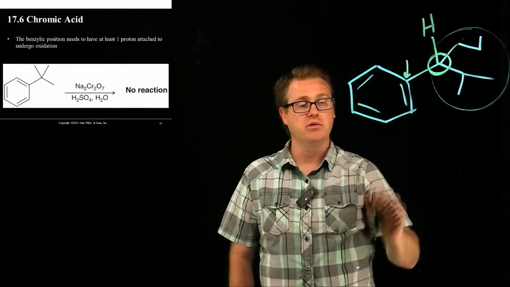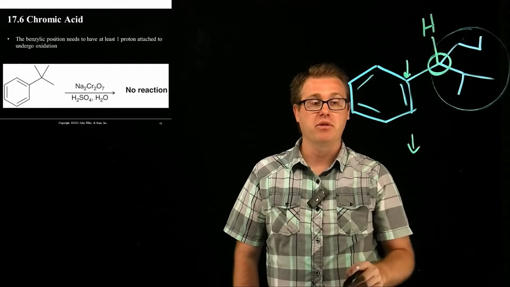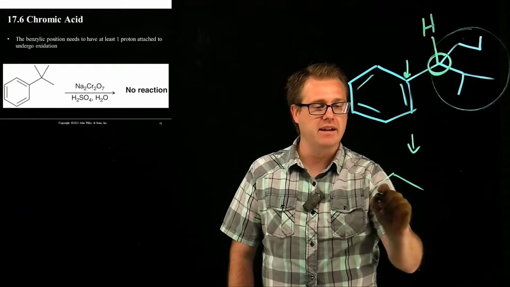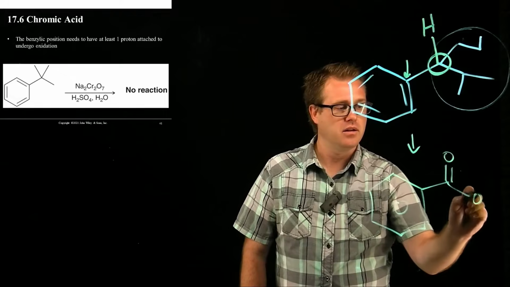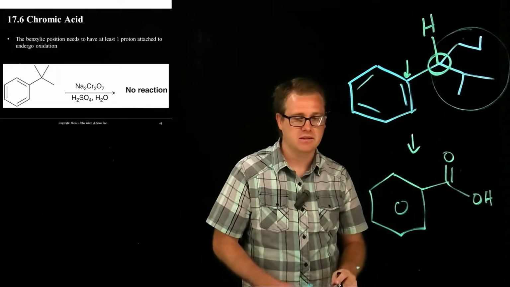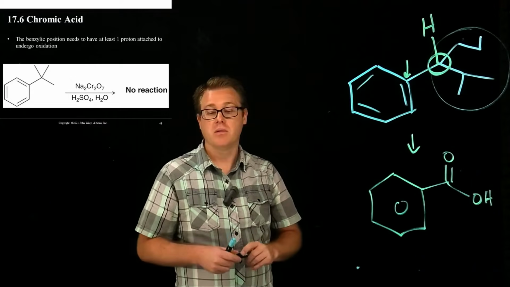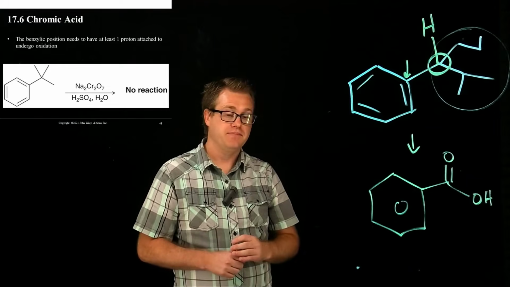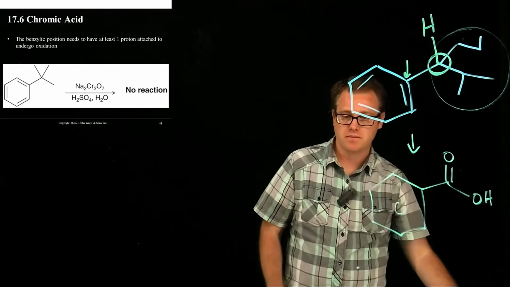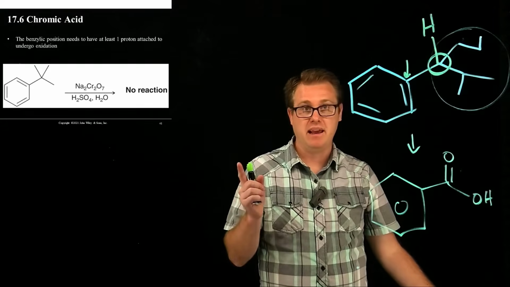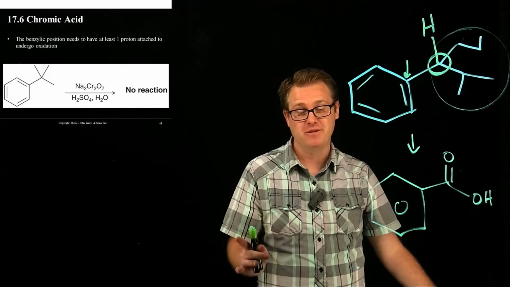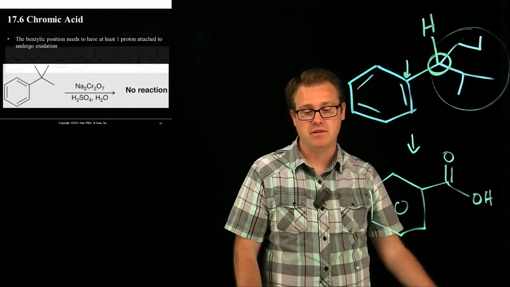So this molecule right here, treating it with chromic acid would in fact give us a carboxylic acid right there, or benzoic acid. So that's a key thing to remember, that rule. You have to have at least one hydrogen.